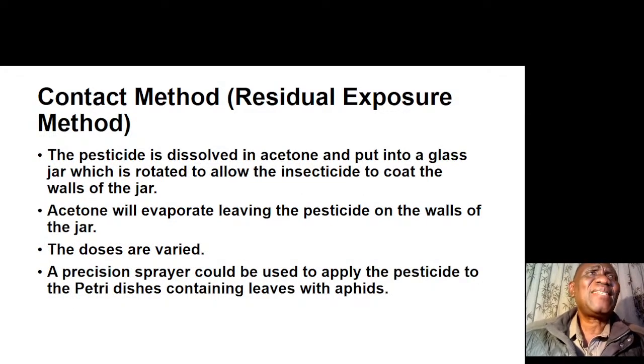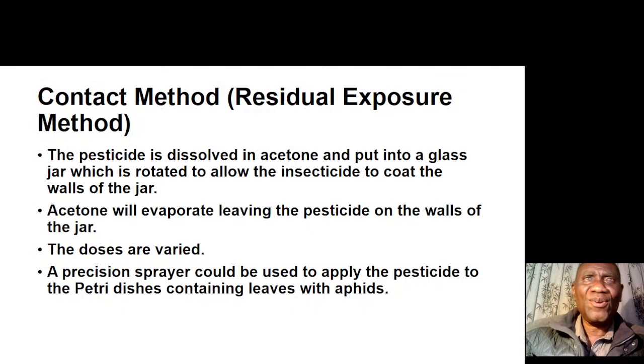The other one is known as the contact method, where we expose the insects to the residual of the insecticide. So it's a residual exposure method. How this is done: you take the pesticide, dissolve it in acetone, and put it into a glass jar, which you can rotate so that the solution coats the walls of the jar.